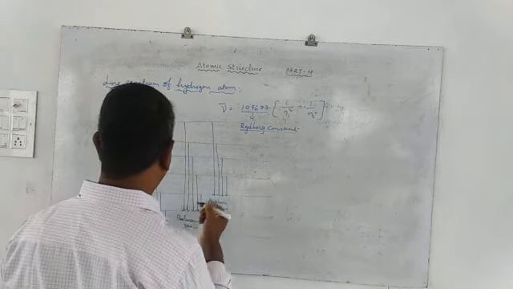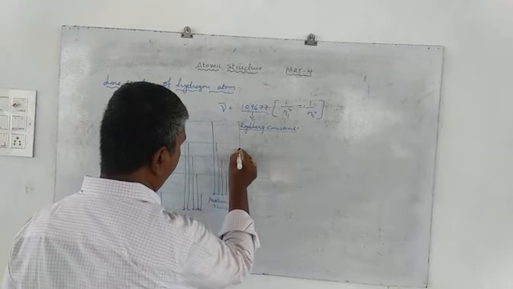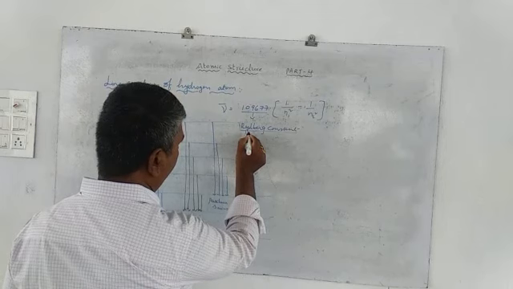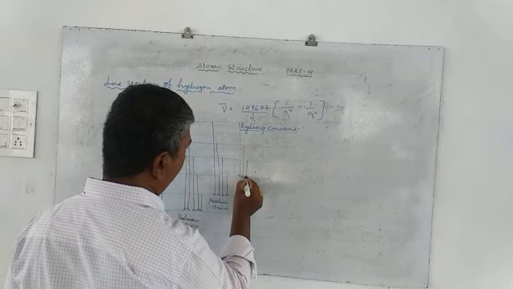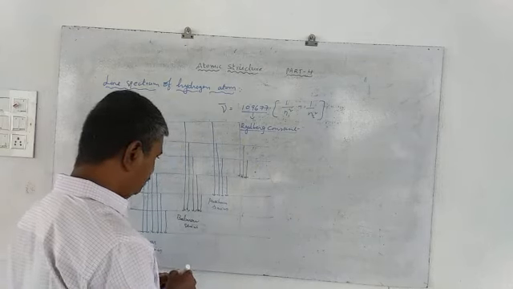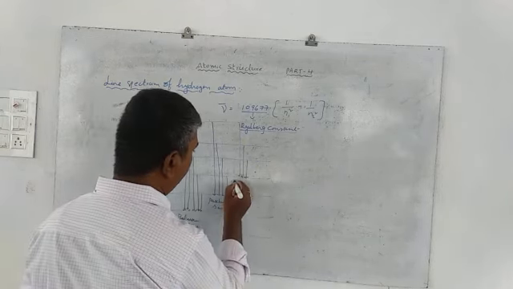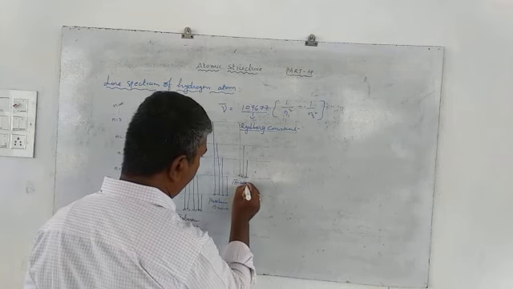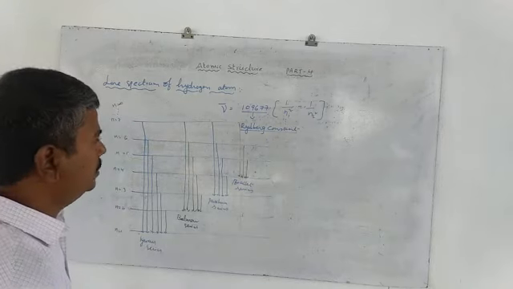Whereas for n equal to 4, this one is the Brackett series.